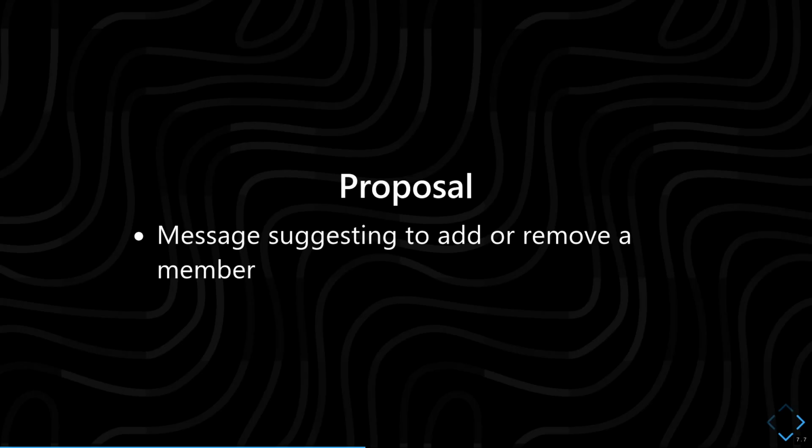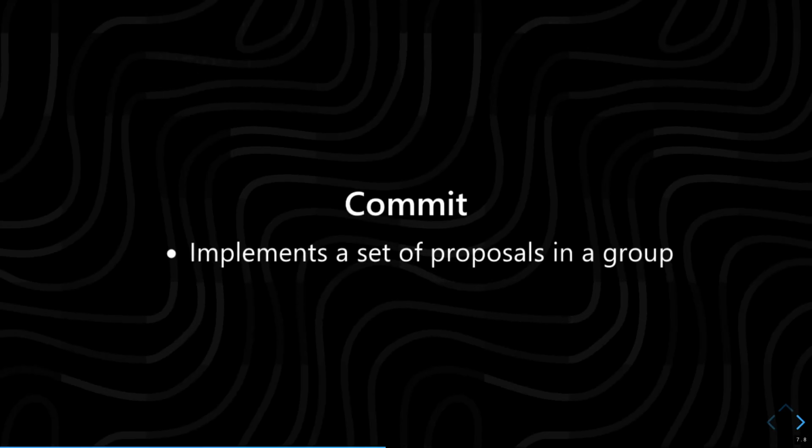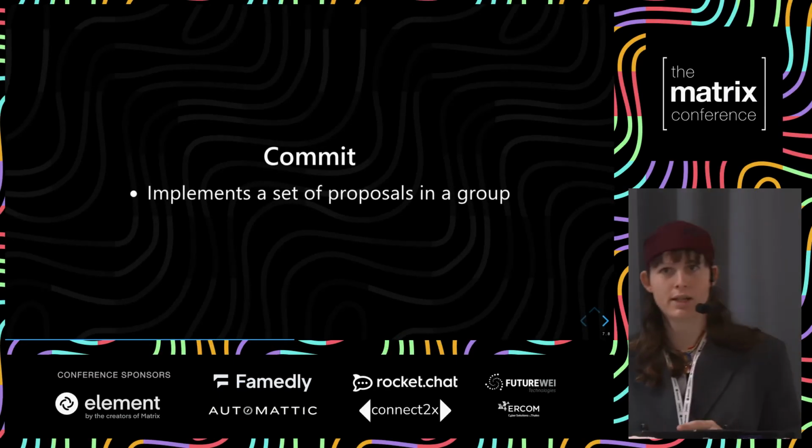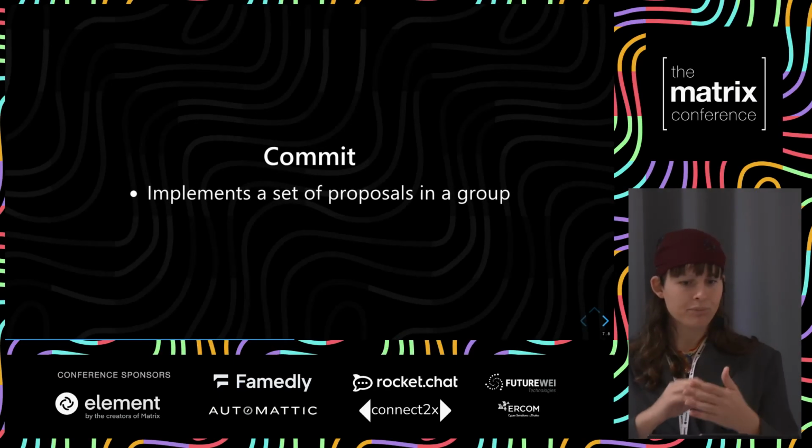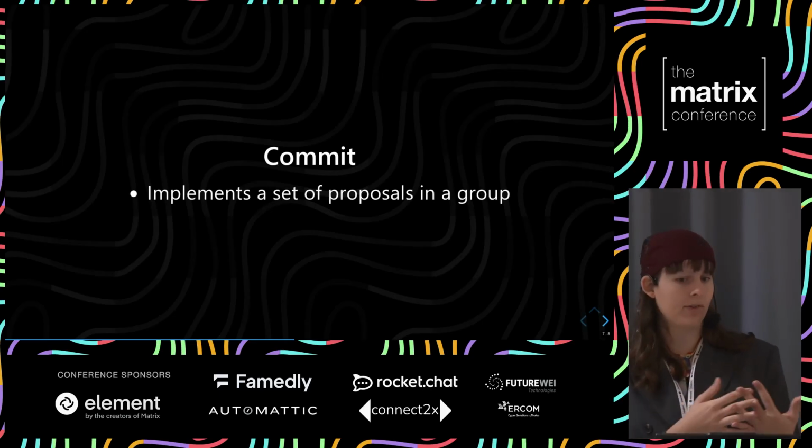After we have a bunch of proposals, or after someone accepts or rejects a proposal, we commit proposals. A commit is basically a message in MLS which implements a set of proposals.